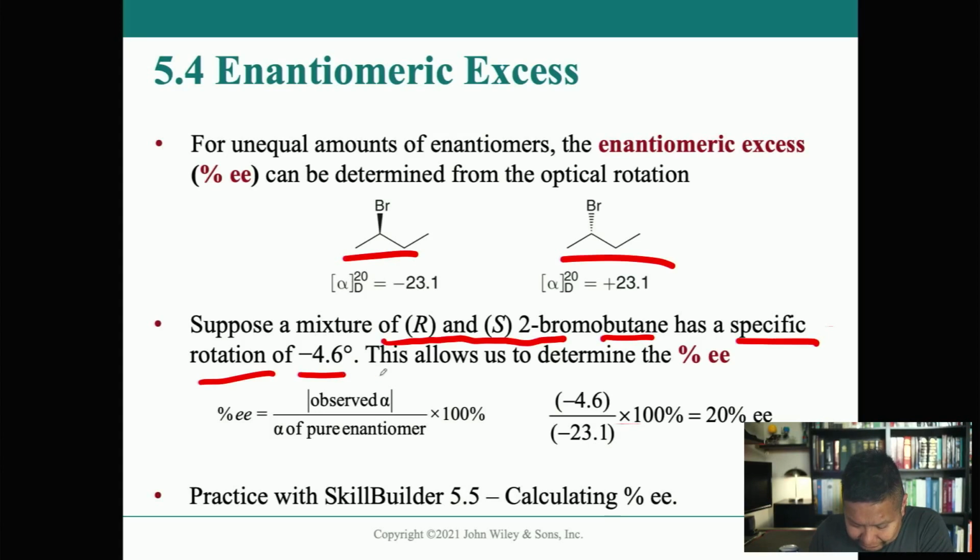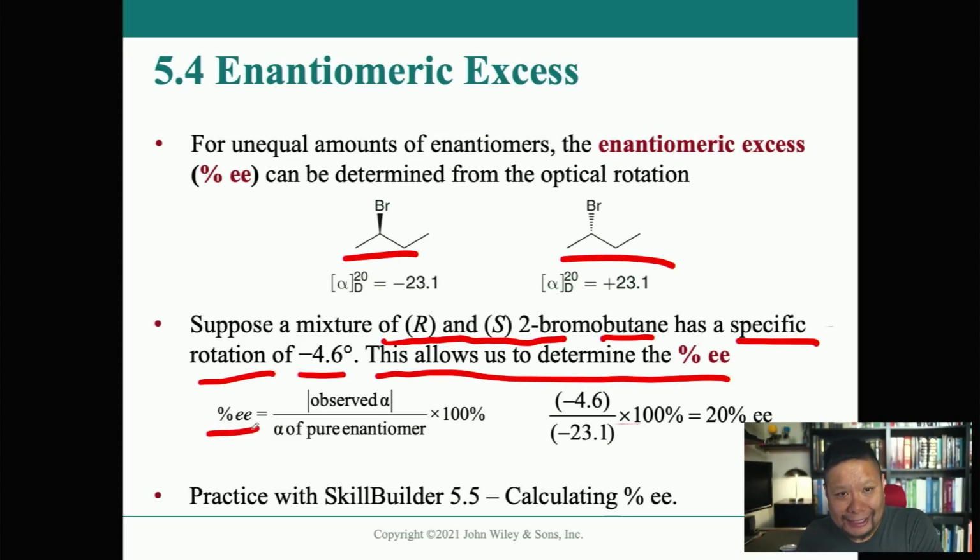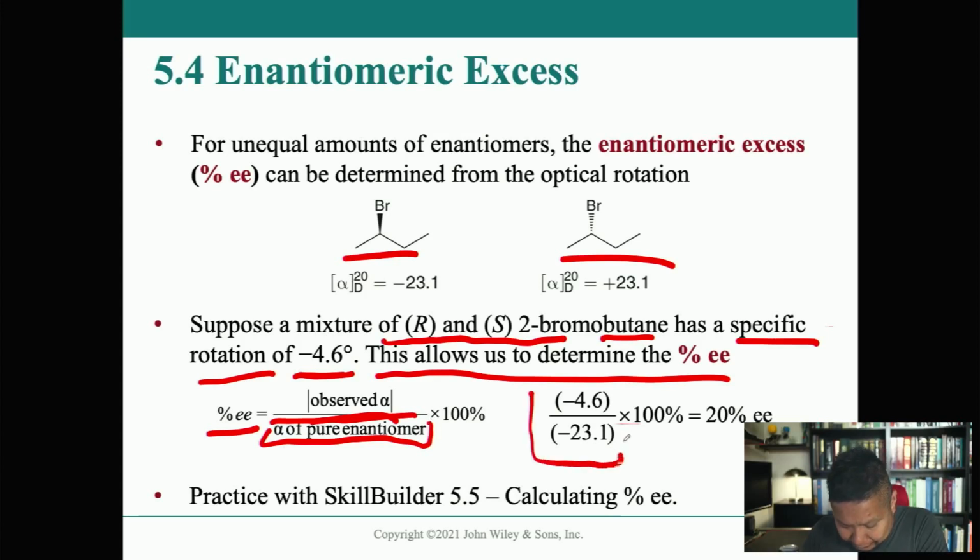This allows us to determine the enantiomeric excess, okay? So the percentage of enantiomeric excess is equal to the observed rotation, which is negative 4.6 degrees, divided by the rotation of a pure sample of the enantiomer, times 100.